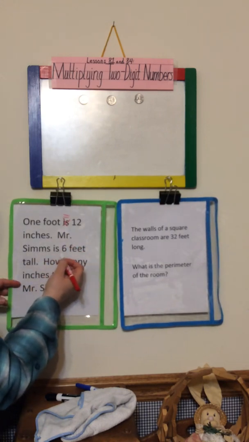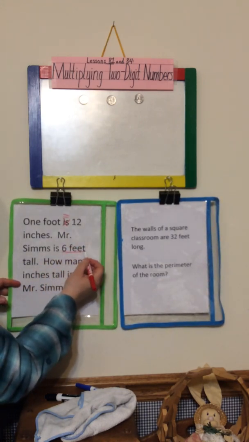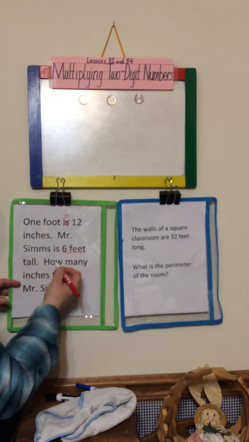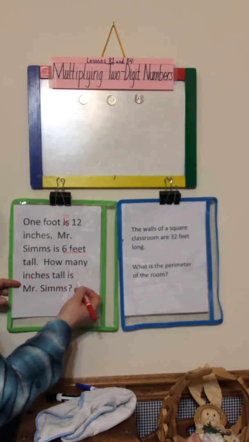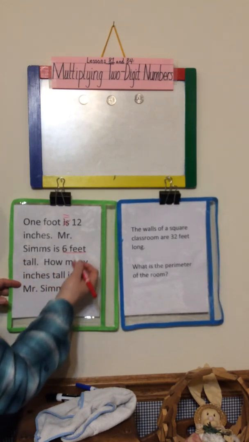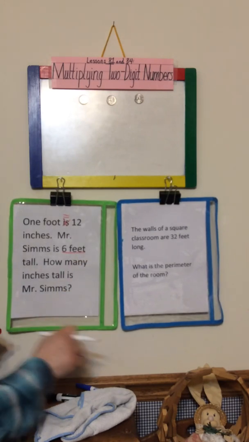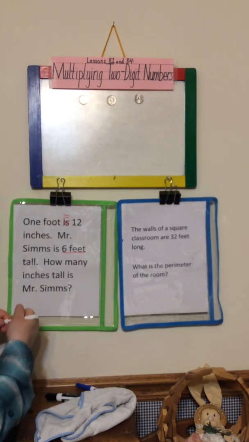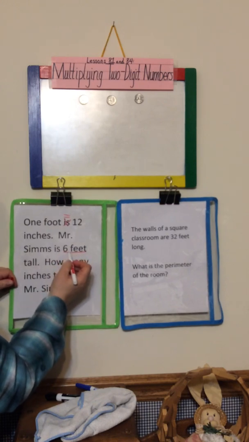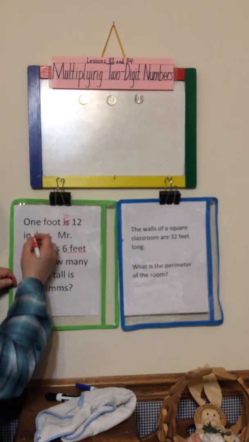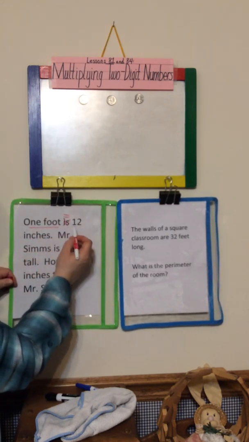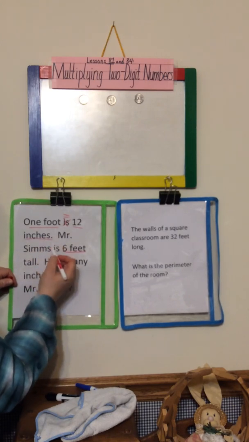Mr. Sims is 6 feet tall. How many inches tall is Mr. Sims? Well, we know he is 6 feet tall, and 1 foot equals 12 inches.